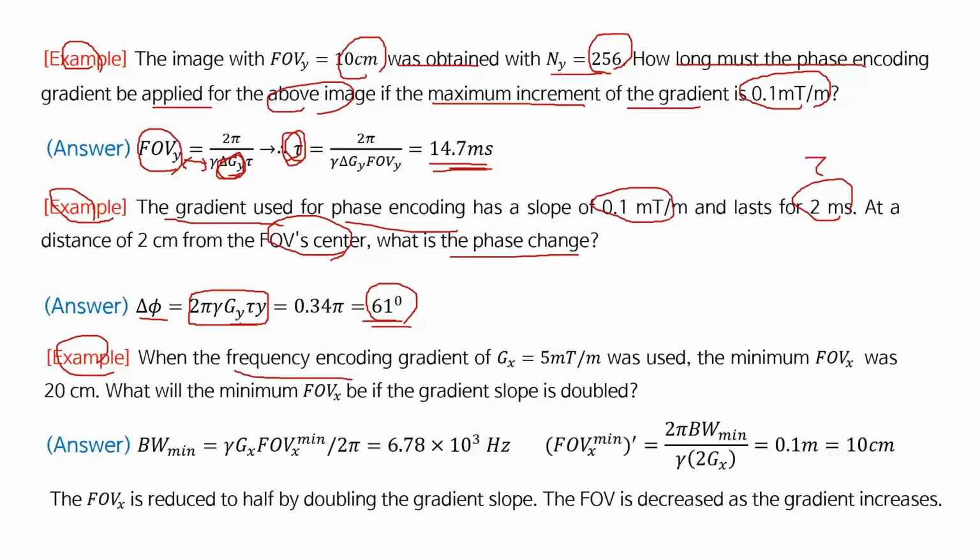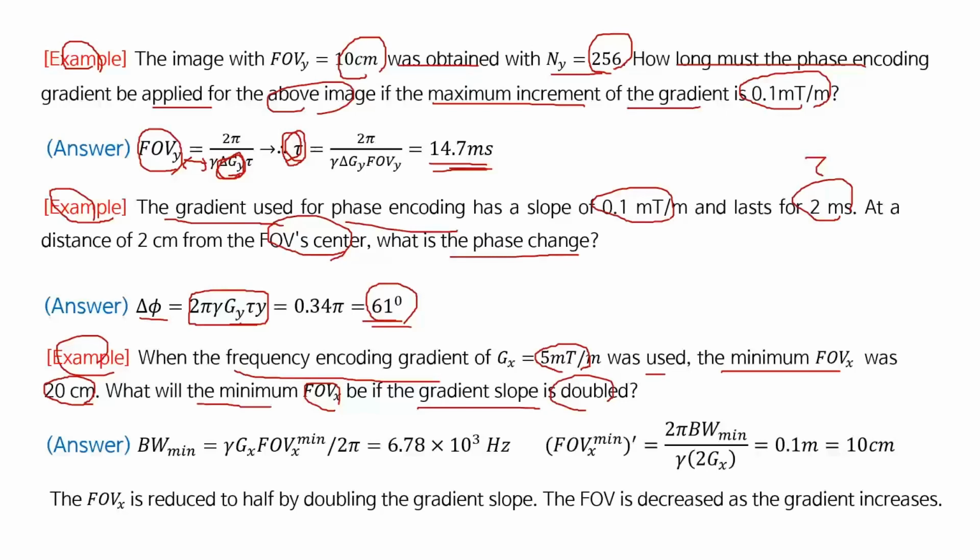Next example. When the frequency encoding gradient of 5 millitesla per meter was used, the minimum FOVX was 20 centimeter. What will the minimum FOVX be if the gradient slope is doubled?